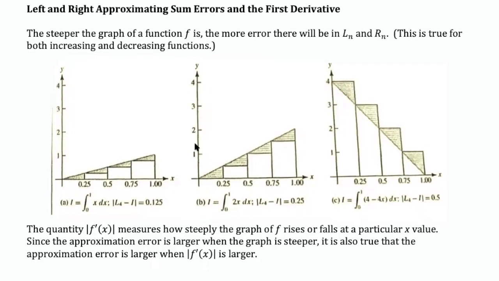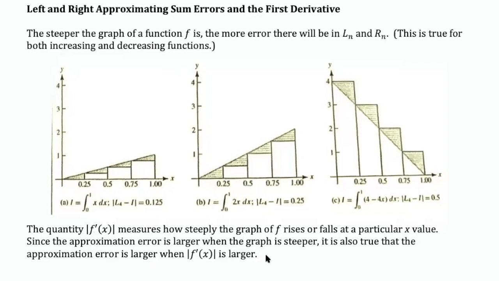Now, what measures the steepness of a graph? Well, that's the rate of change, which is the slope, which is a derivative. So by taking the absolute value of the derivative, ignoring whether it's positive or negative, because we said we don't care whether it's increasing or decreasing, by looking at the absolute value of the derivative, you will know how steeply the graph rises or falls at any particular x value.